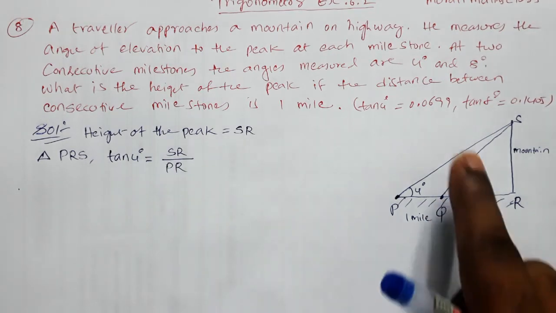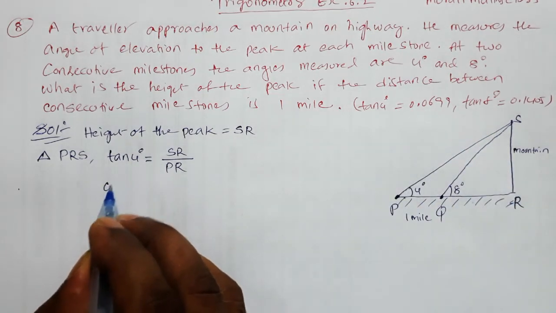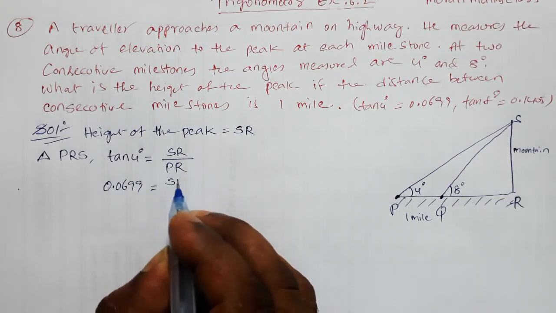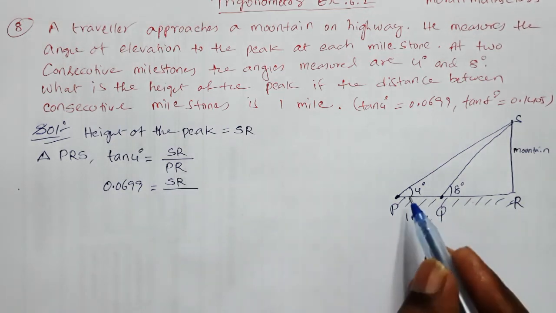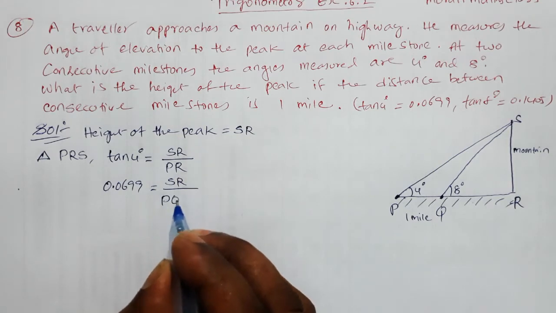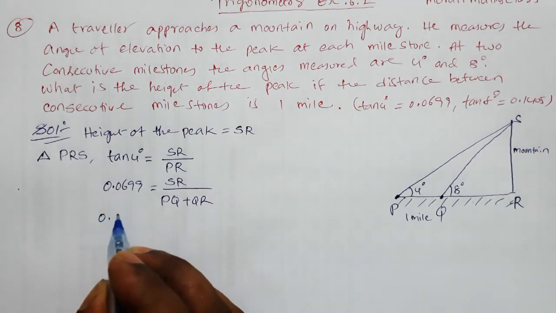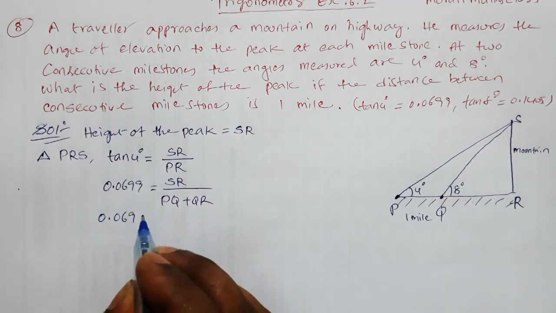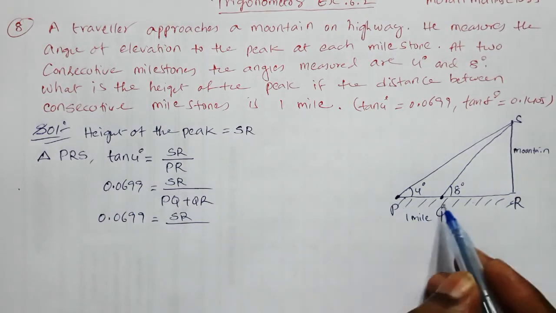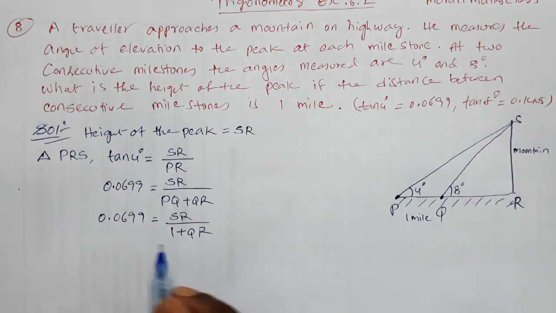Tan 4 degrees is given as 0.0699, equals SR over PR. PR is PQ plus QR. So 0.0699 equals SR divided by 1 plus QR, since PQ is 1 mile.